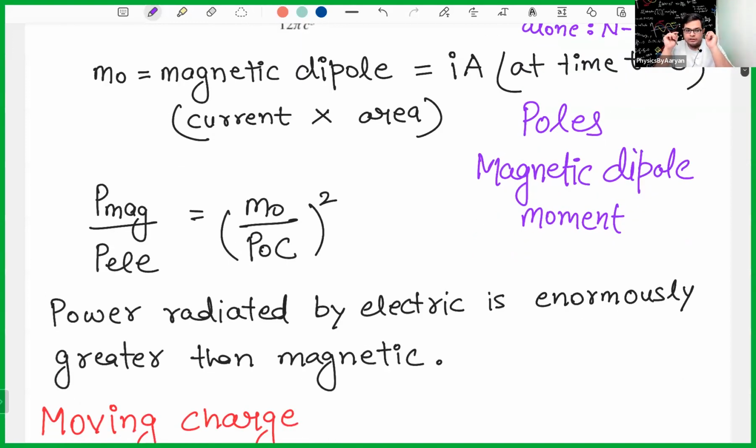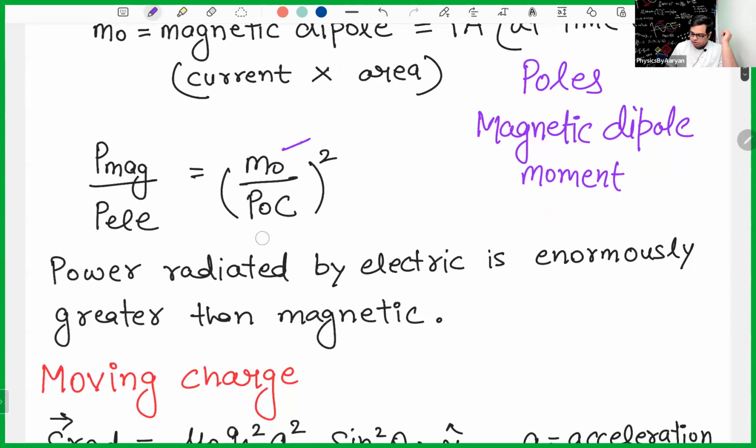So let's talk about another fact. Sometimes they ask you about the ratio of magnetic power and electric power. The ratio of magnetic power to electric power is (m naught by p naught c) whole square. m naught is the magnetic moment at time t0, p naught is the electric dipole moment at time t0, and c is the speed of light, and you square it.